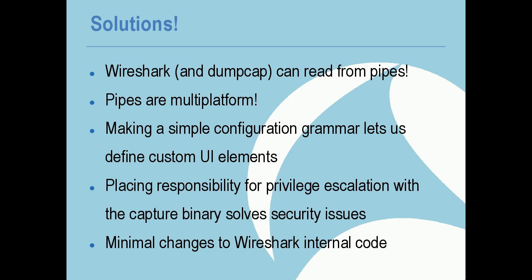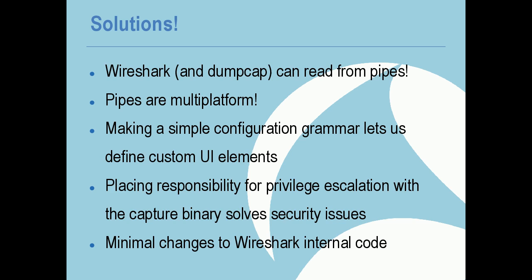So the solution is that, as we mentioned, Wireshark and PCAP can read from pipes. Pipes are great because they're multi-platform and they're already pretty well supported. So we really just need to extend that functionality a bit. Pipes give us the way to actually get the data into Wireshark. We still have to do things like create the GUI.